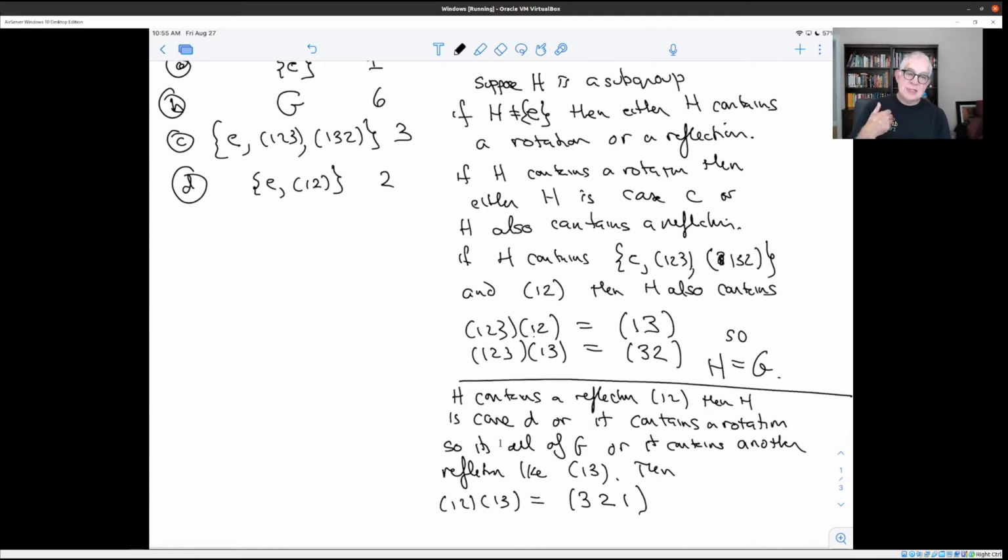In other words, if you contain two reflections, you contain a rotation, and we already know that if you contain a rotation and a reflection, then you're the whole group. So therefore, again, H equals G. So these are all the subgroups. If you try to make any of these subgroups bigger, they fill up the whole group. And they all have order which divides the order of the group, 6.